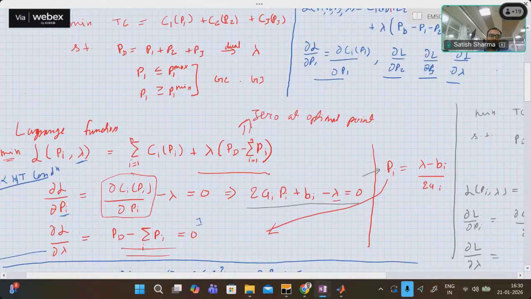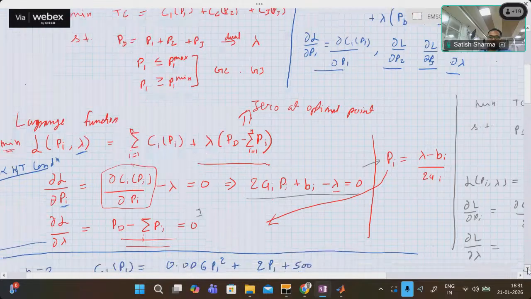For all the generators, this equation will be written down, depending on the number of generators. Whatever the number of generators, we write the same equation multiple times, and it means that all the incremental costs will be equal to lambda. So lambda is basically the incremental cost, and the incremental cost remains the same for all generators.